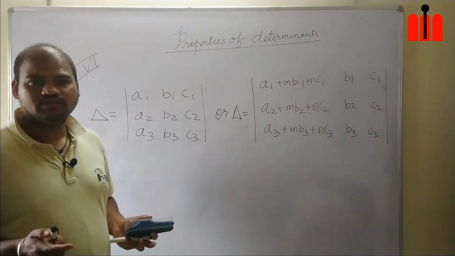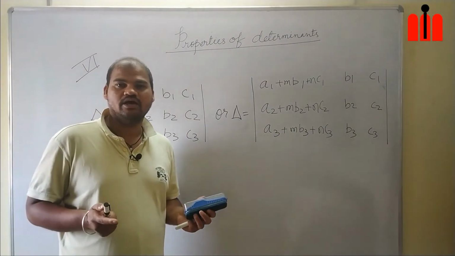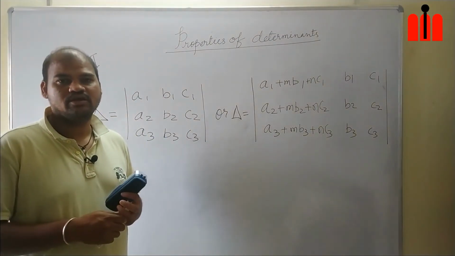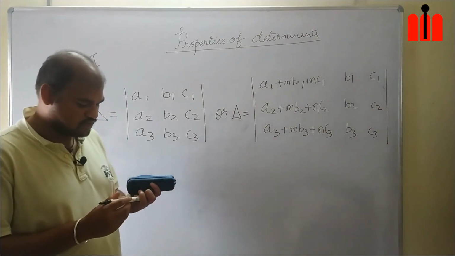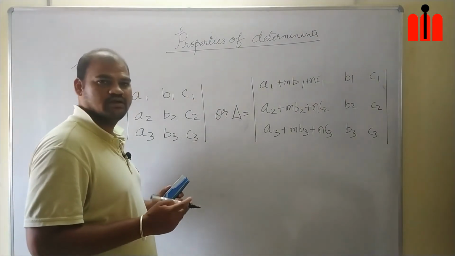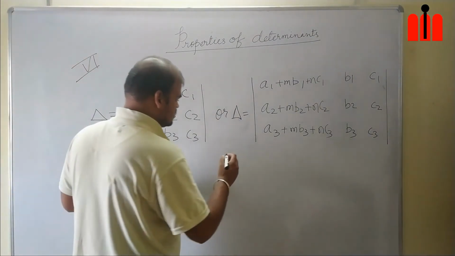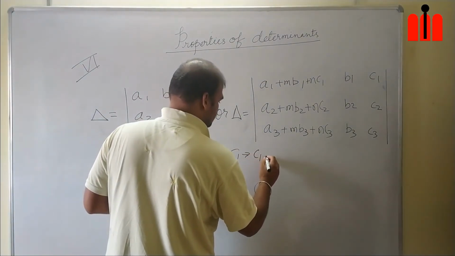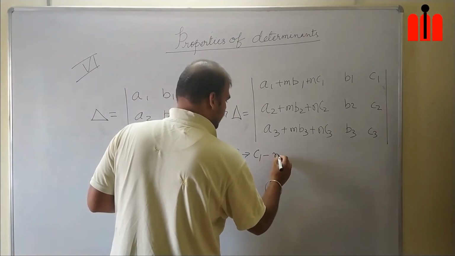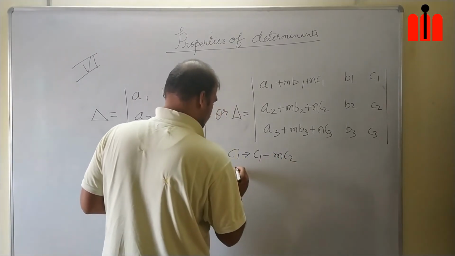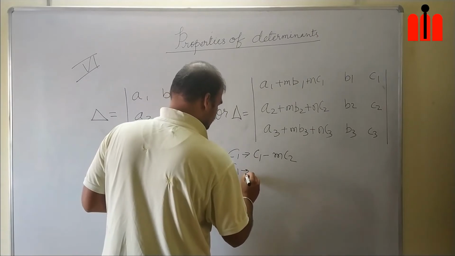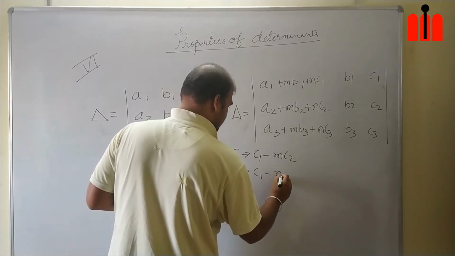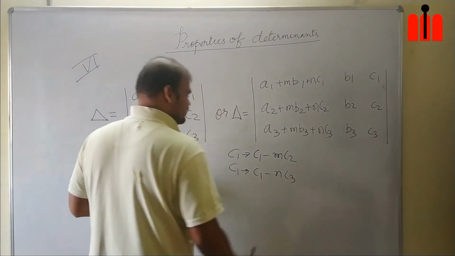I told you that we had already done the row and column operations. Among those operations, we have C1 tends to C1 minus m C2 and C1 tends to C1 minus n C3.